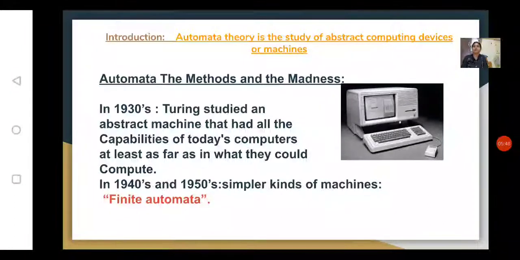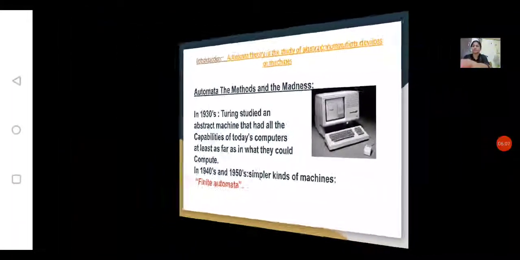It has the capabilities of today's computers, at least as far as what they could compute. Then, with the help of N. Chomsky, simpler kinds of machines were designed in the 1940s and 1950s, which were called finite automata.